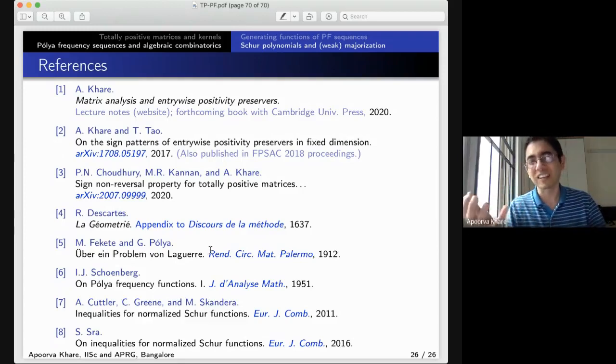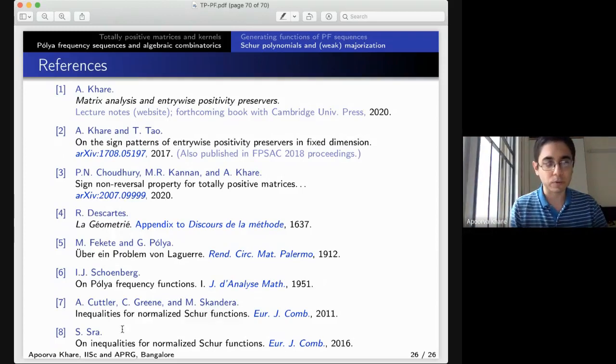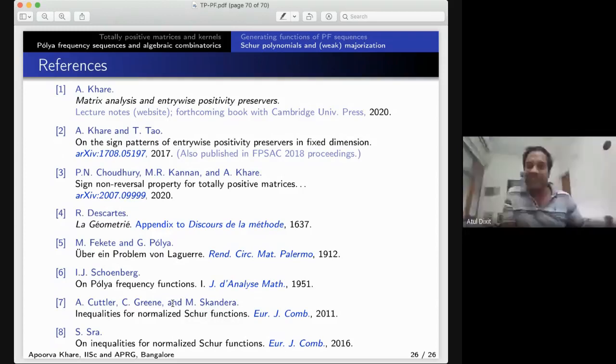Then to Schoenberg in 1930, which I again skipped, to Schoenberg establishing the basic properties of these functions, Polya frequency functions, to his works with Eisenbaum, Edrei, and Whitney on Polya frequency sequences, and then the last two are about majorization being characterized through Schur polynomials. Okay, so thank you. That's it.